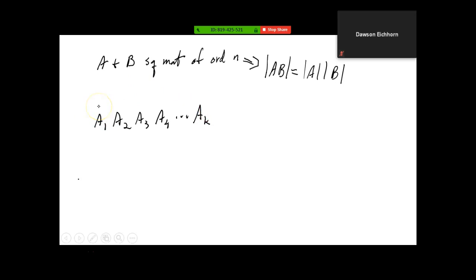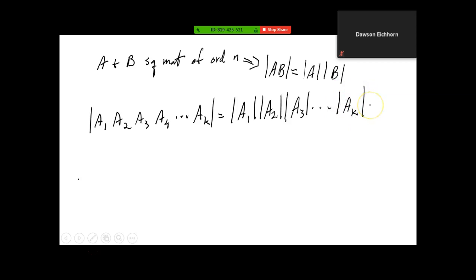If you're multiplying all those matrices together, of course they all have to be square, they all have to be the same order. But if that's all met and you take the determinant of that product, that's going to be the product of the determinants of each of those matrices. The determinant of matrix A1 times the determinant of matrix A2 times the determinant of matrix A3, dot dot dot, times the determinant of matrix A sub k.